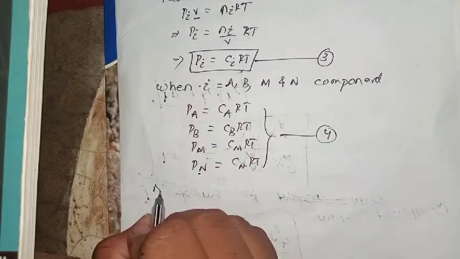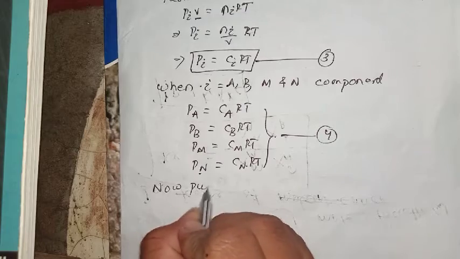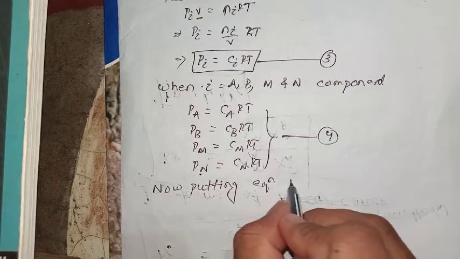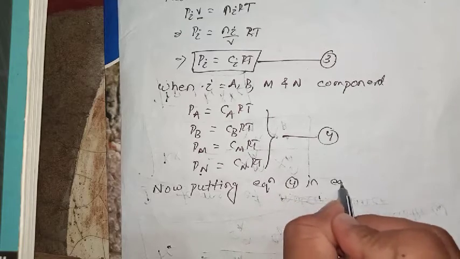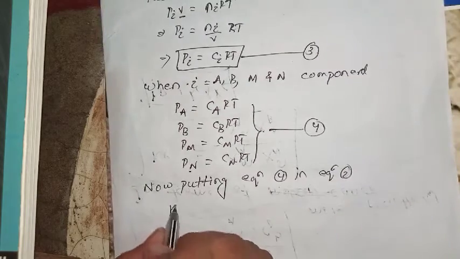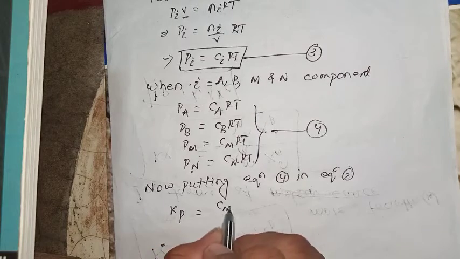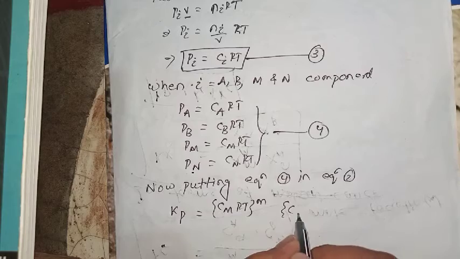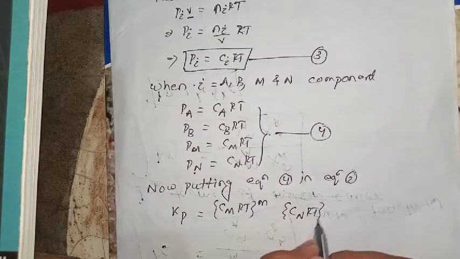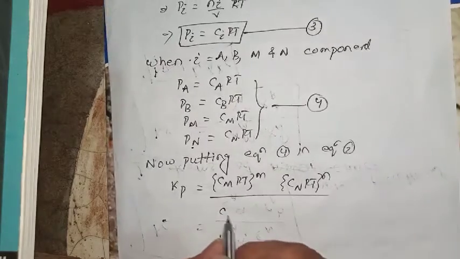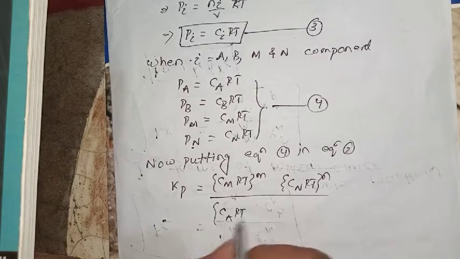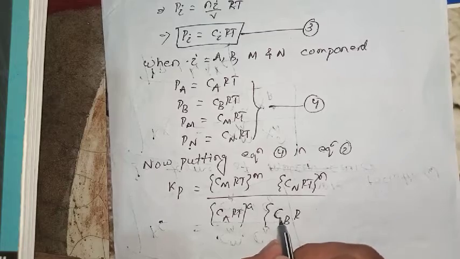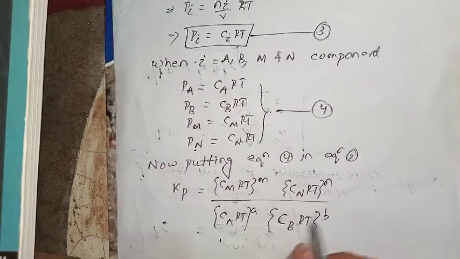Putting equation 4 in equation 2, Kp is equal to (CM RT) to the power m into (CN RT) to the power n, divided by (CA RT) to the power a into (CB RT) to the power b.